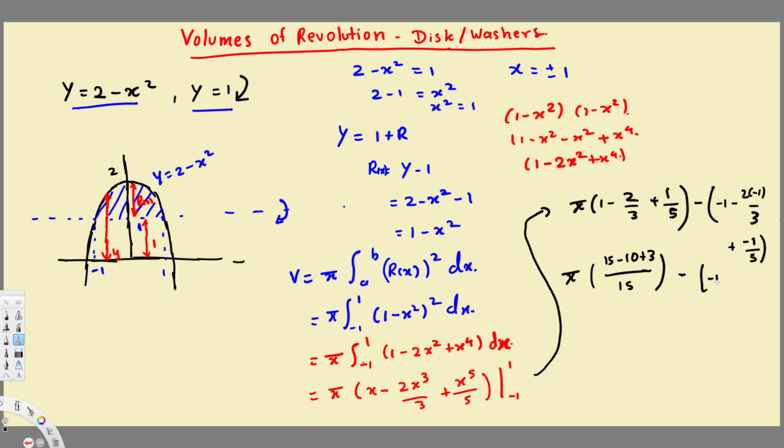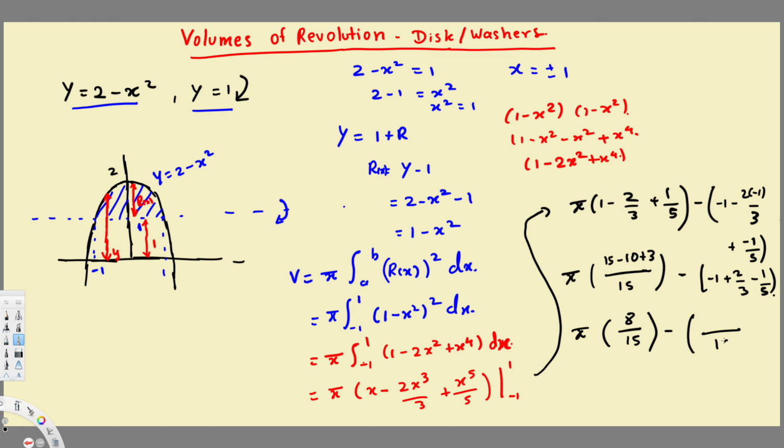So this is going to be minus 1 plus 2 over 3 minus 1 over 5, right? We can add this already. This is going to be what? 15 minus 10 is going to be 5, 5 plus 3 is 8. So here we have 8 over 15.